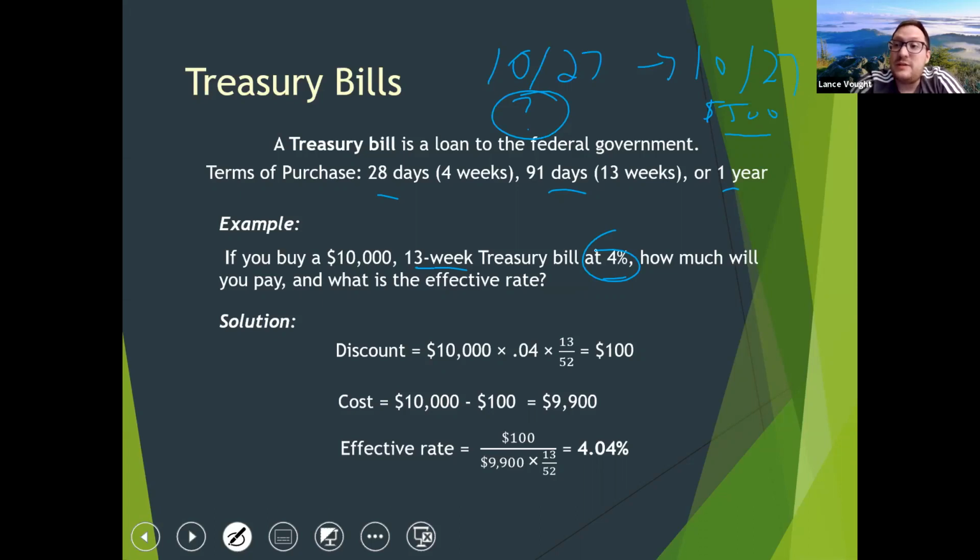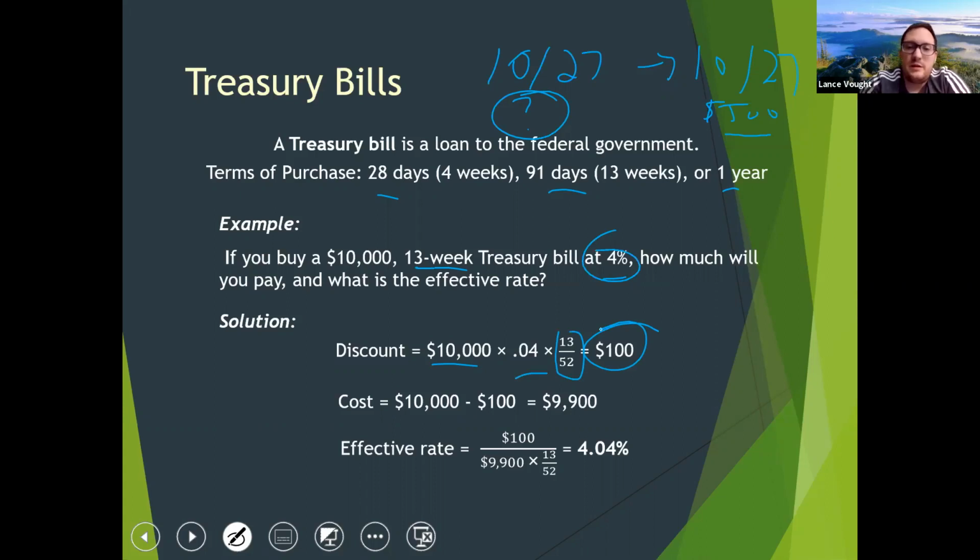But you're not giving them the full maturity value, you're giving them a discounted value. So if they're paying me back in 13 weeks out of 52, with simple interest at 4% on 10,000, then the discount that I'm providing them is $100. So essentially, it's kind of like what your net gain is going to be.